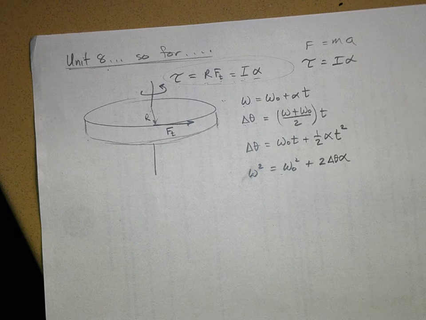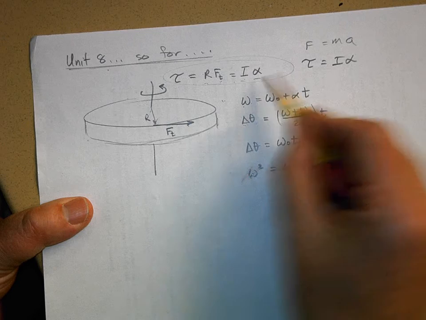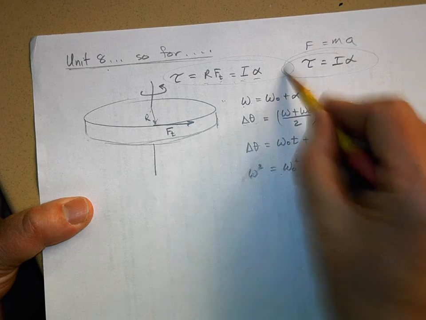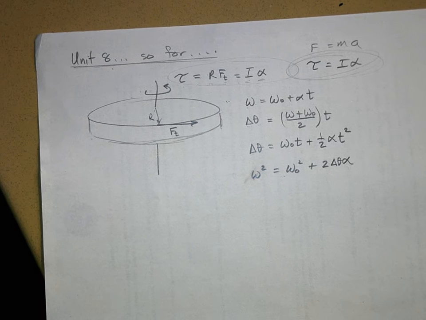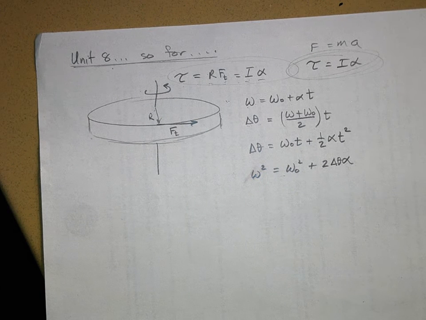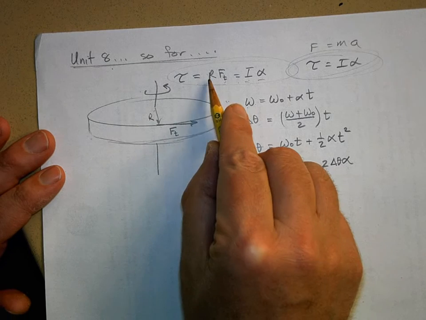Okay. Now, if you solve for angular acceleration using this equation, your angular acceleration will be in terms of radians per second squared. And that's because of this r right here.